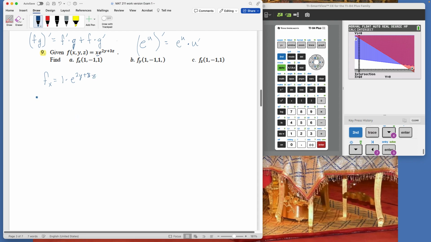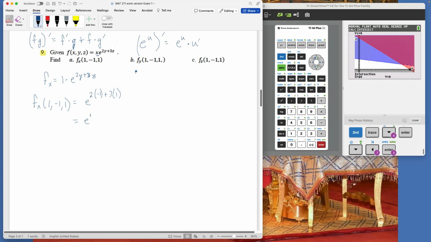And then just to finish this off, I take this derivative at this point 1, negative 1, 1, and so I get e to the 2 times negative 1 plus 3 times 1. So that's going to give me negative 2 here, right? 2 times negative 1 and positive 3. Negative 2 plus 3 is just 1, e to the 1 power, or just e. I'm going to put the 1 power just to remind us that it's an exponential, but you could just enter it as e.